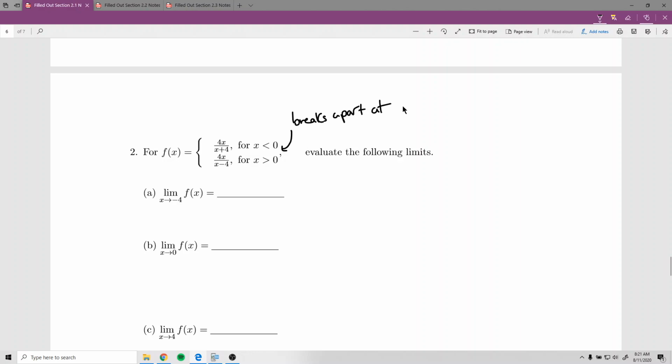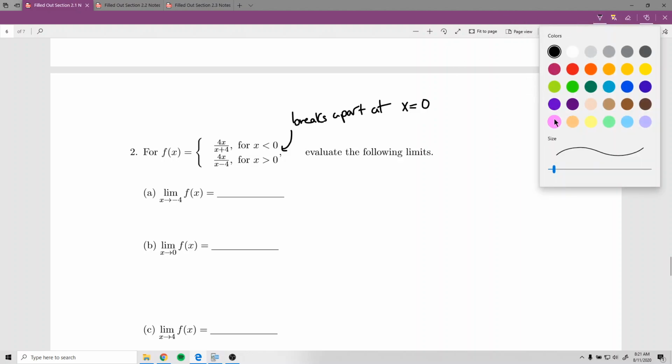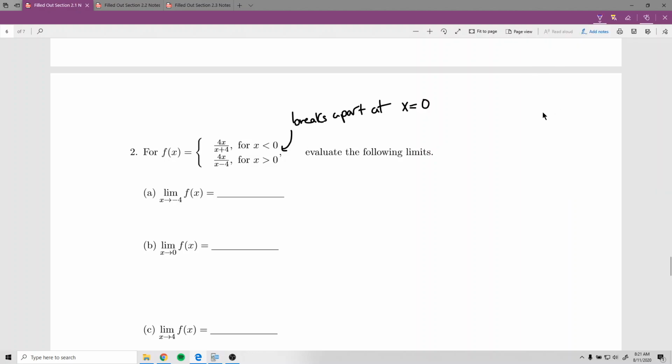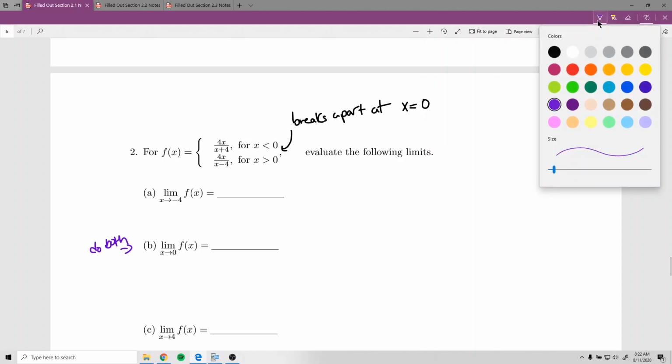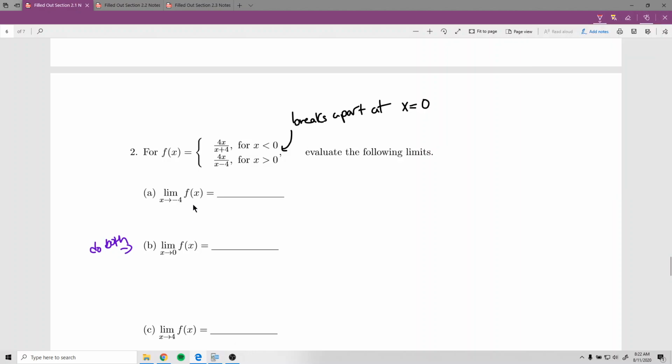This one breaks apart at x equals 0 again. Any limit value besides 0, which is part B, we only have to do the appropriate one. For part B, we'll have to do both. But for parts A and C, the limit is not at 0.